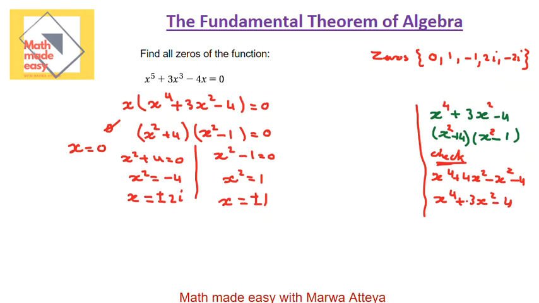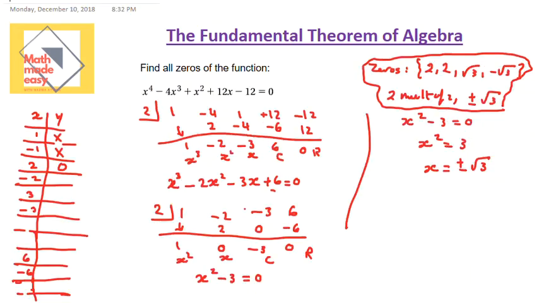Now, I want you to take into consideration that this was to the power of 5, and it had 5 roots: 3 real numbers and 2 complex. So to the power of 5, it had 5 roots. The question before that was to the power of 4, and it had 4 roots.